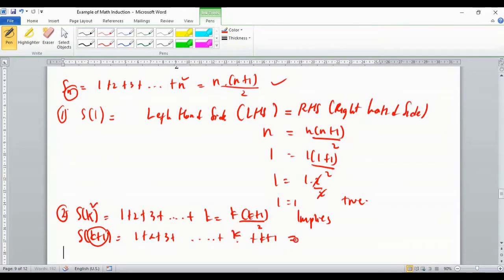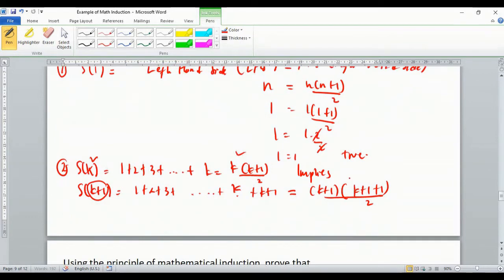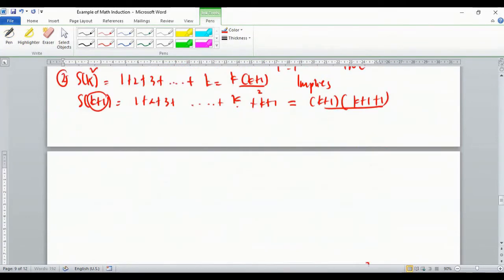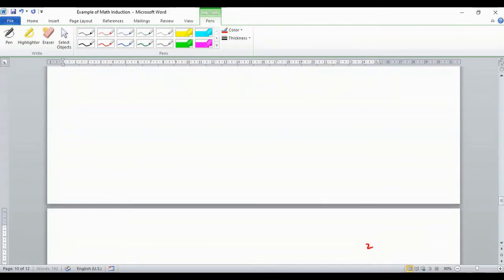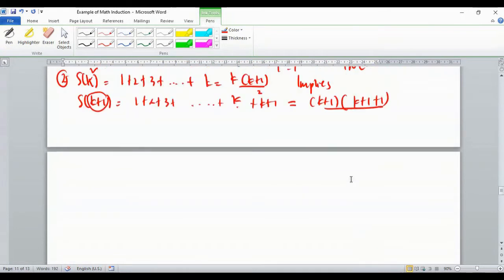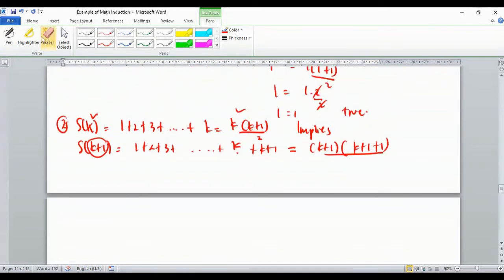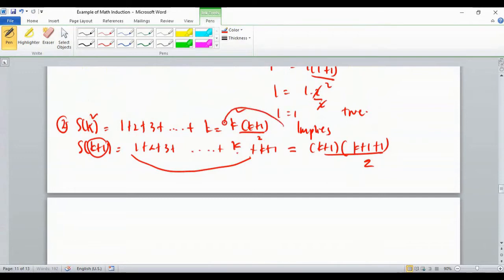Okay, so in here, you need to substitute k to be k plus 1 times k plus 1 plus 1 over 2. Okay, so from here, wait a minute. So from here, we can say, in here, 1 plus until the k, they have the same k times k plus 1 over 2.